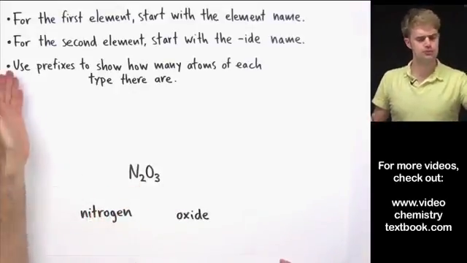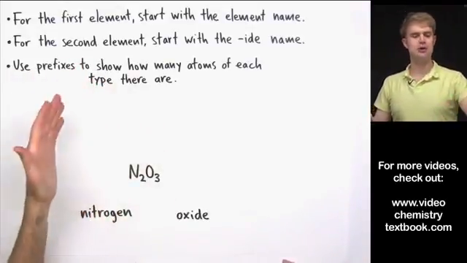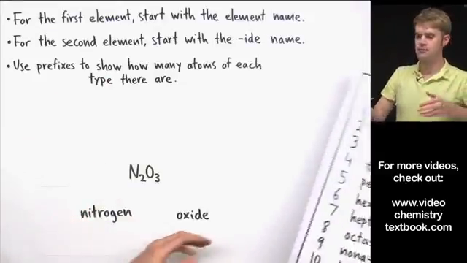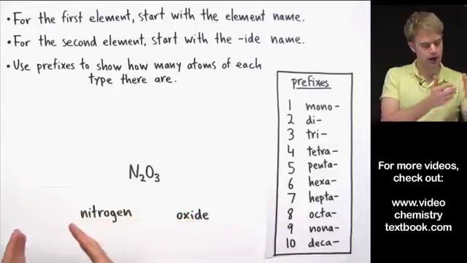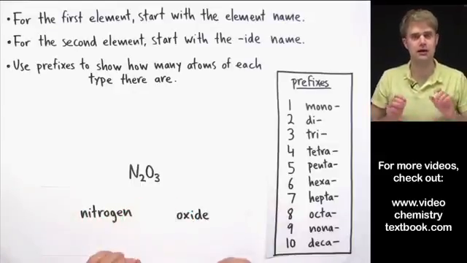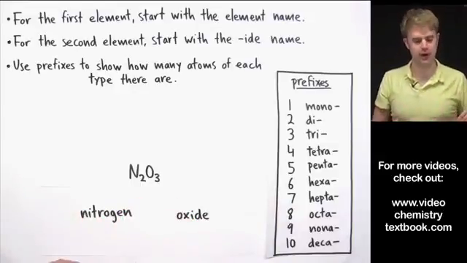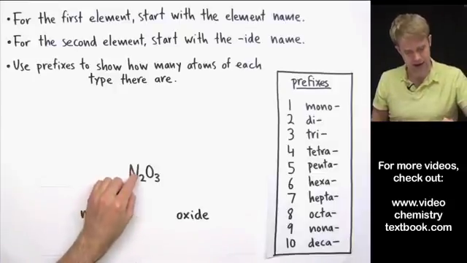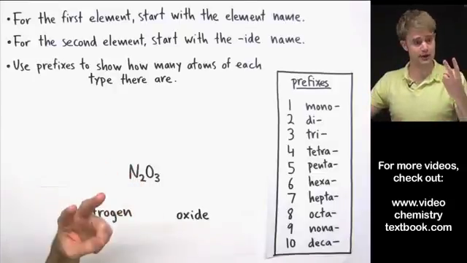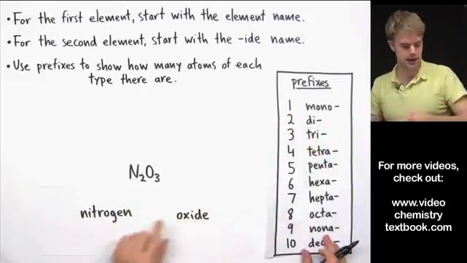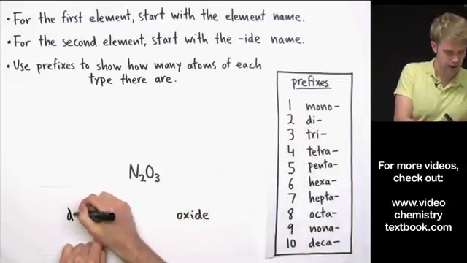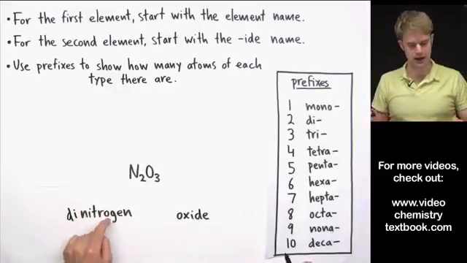Now, use prefixes to show how many atoms of each type there are. The prefixes, here's a list of them, are like little tags that we put on the front of each name to tell us how many atoms of each type we have. N2, we have two nitrogens, so we use the prefix for two, di, in front of the element name: dinitrogen.